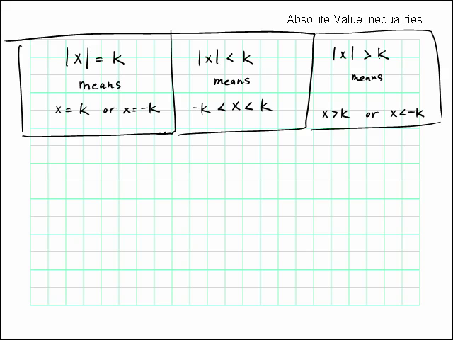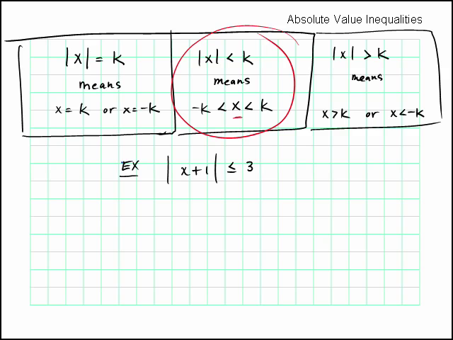Next example. Let's say we have absolute value of x plus 1 is less than or equal to 3. This is an absolute value less than or equal to 3, and so the pattern that applies here would be this one. So I'm going to do what it says.